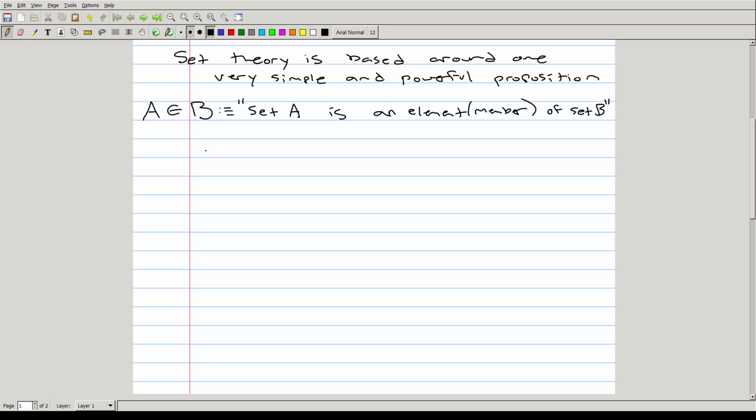But almost immediately, if we have the idea of membership, one set being a member of another set, we can define some other propositions as well.